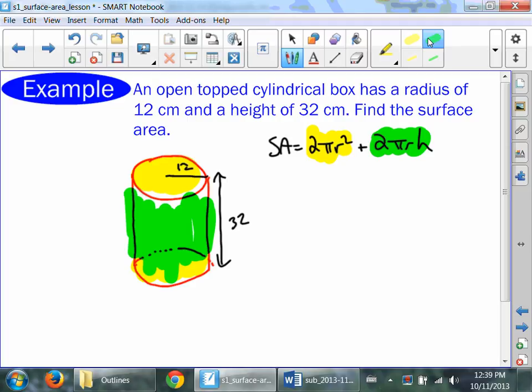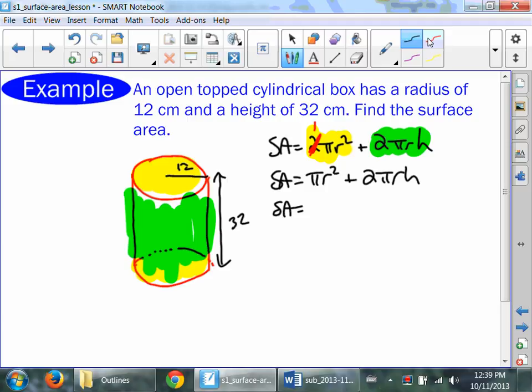If it's an open top, what that means is we only need 1 pi r squared, or just pi r squared. So our new formula is going to be pi r squared plus 2 pi r h, because there's no top on the box.